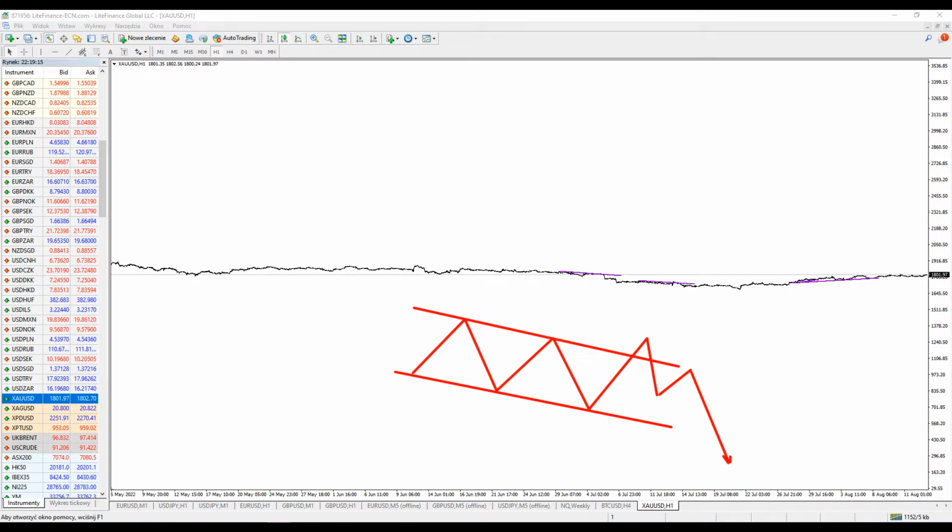Well, first things first, it's not for everyone. It's not the holy grail. It's not gonna work 100% of the time. But if we are going to apply the correct risk-reward ratio, we might be in a winning position. Again, do your own homework, do your own research.